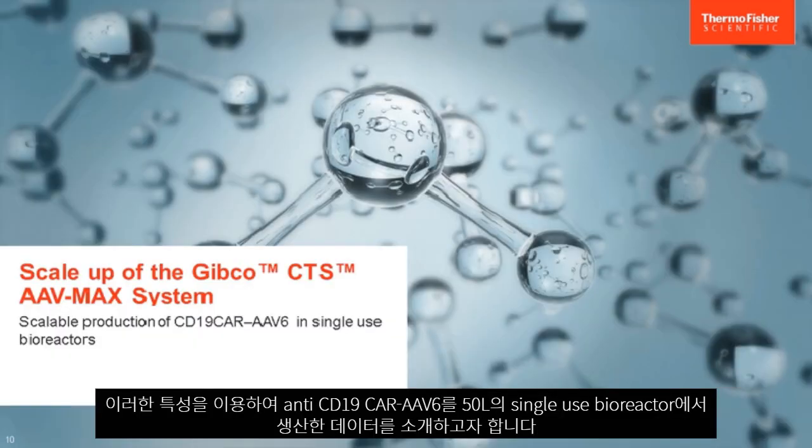So for the second part of the presentation today, we'd like to share some new data with you regarding the generation of up to 50-liter cultures in single-use bioreactors using an anti-CD19 CAR AAV construct.